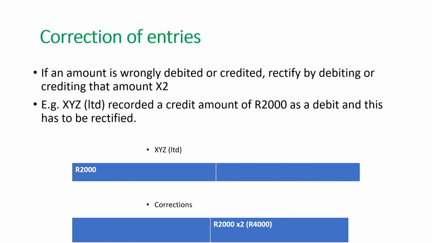And when you rectify them, you do the following. If an amount is wrongly debited or credited, rectify by debiting or crediting that amount times 2. I know by reading this it sounds like it is complicated, but it's not complicated. It's very simple, guys.